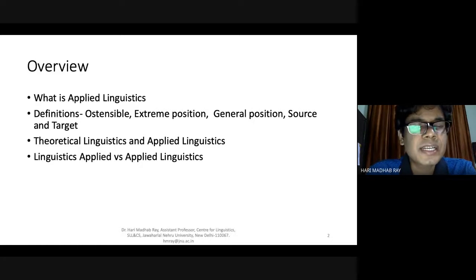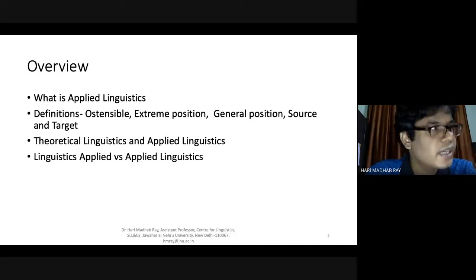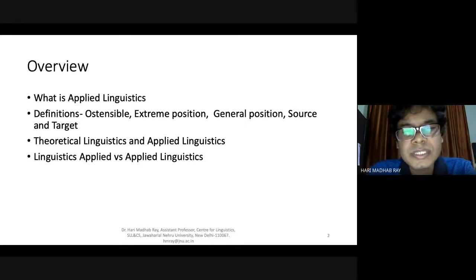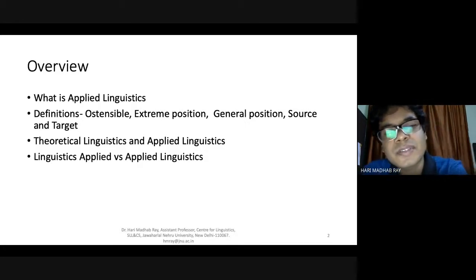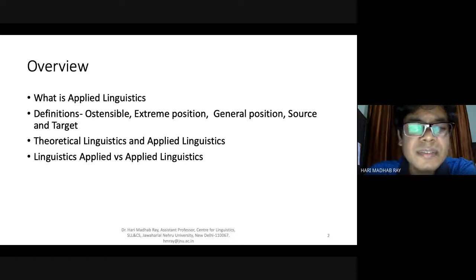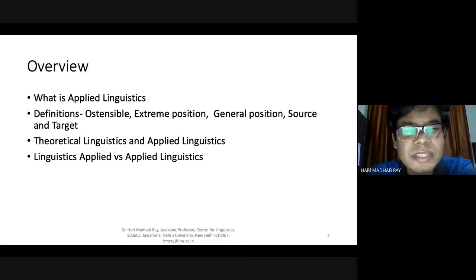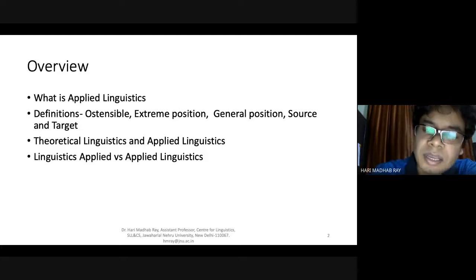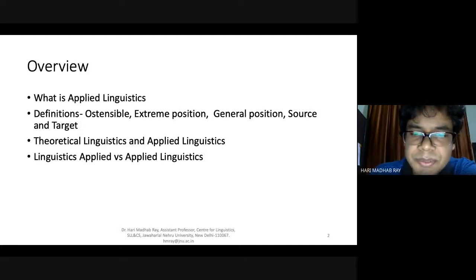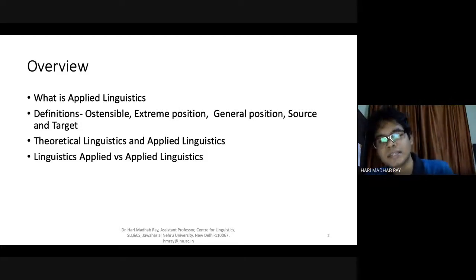But later on, after the 1980s, we felt there is no need for such a distinction or such differences, and Alan Davies himself talked about that in his book. I'll try to present that part as well.